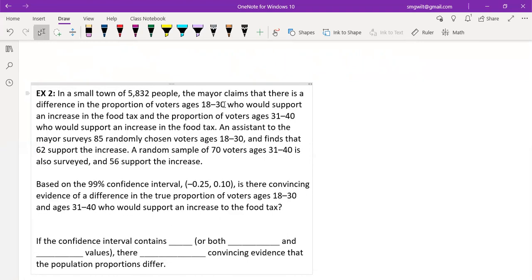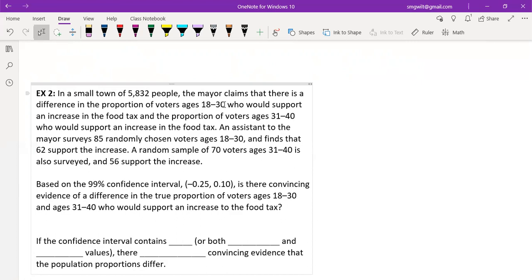So they're saying that there's a difference in the opinions of the younger set of that population and the older. An assistant to the mayor surveys 85 randomly chosen voters ages 18 to 30 and finds that 62 support the increase. A random sample of 70 voters ages 31 to 40 is surveyed and 56 support the increase.